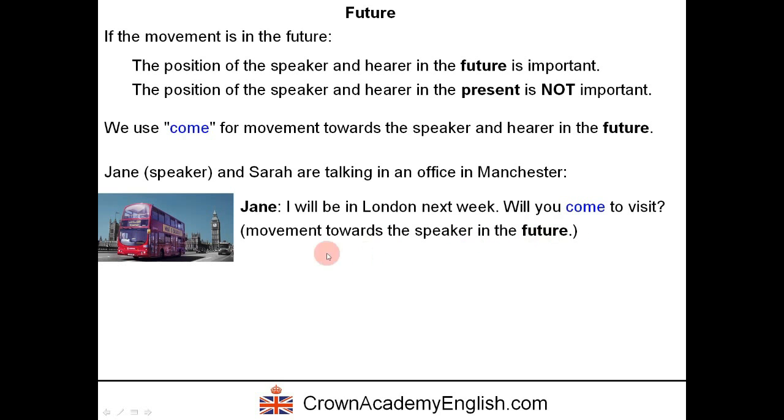In the future, the movement will be towards Jane in London. Sarah will go from Manchester to London and Jane will be in London. So the movement is towards the speaker in the future. It is not important that Sarah and Jane are together in Manchester today. That is not relevant.